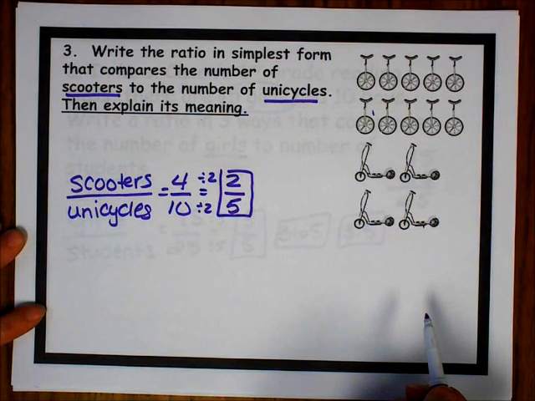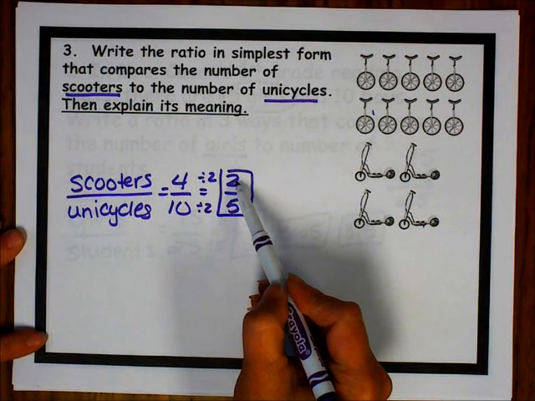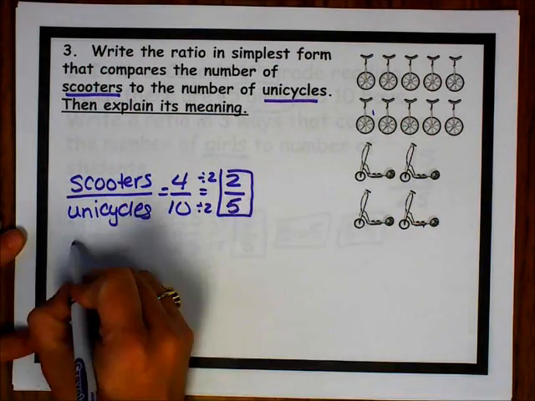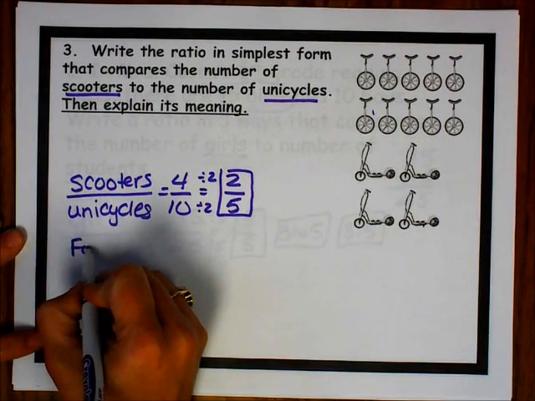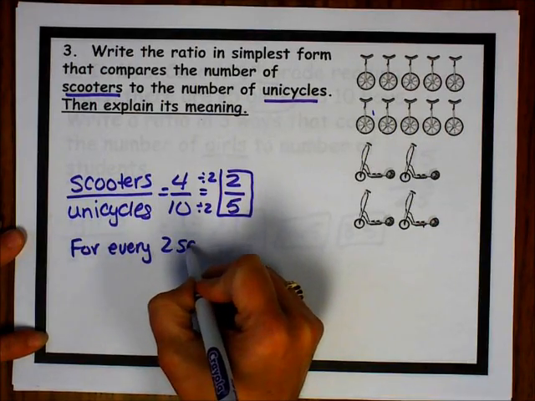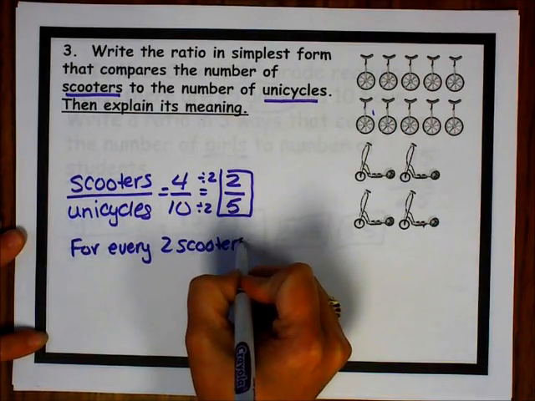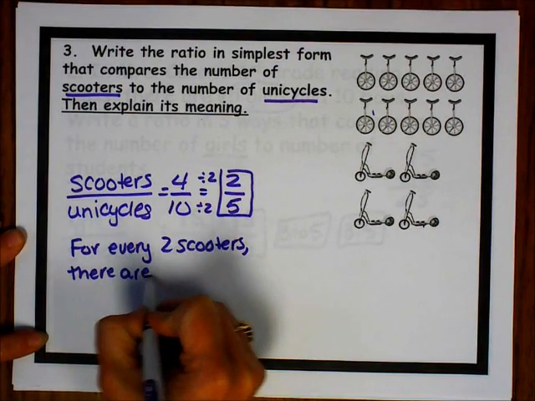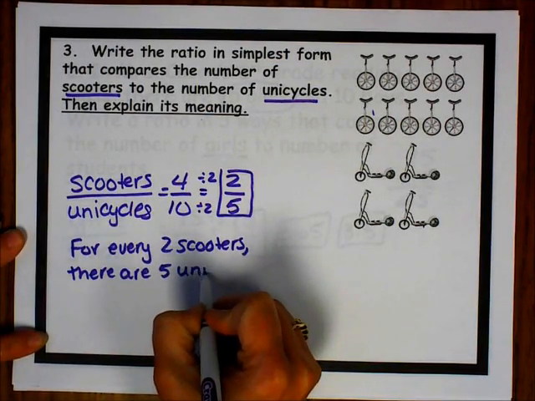So now it asks me to explain its meaning. So the meaning is for every 2 scooters, there are 5 unicycles.